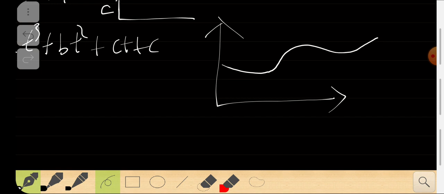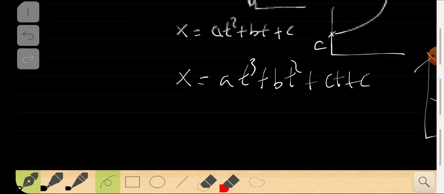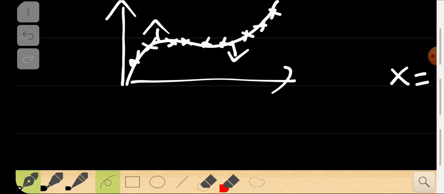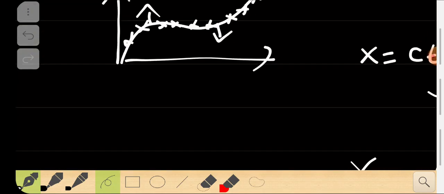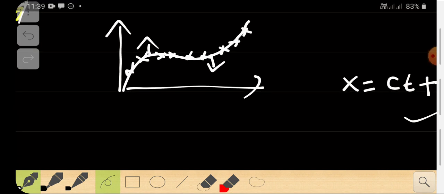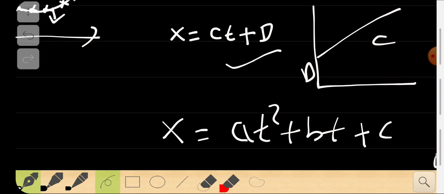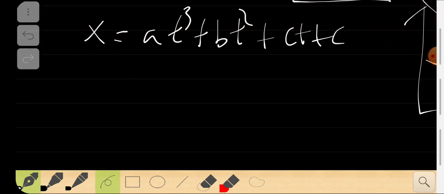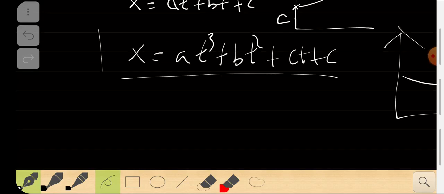That's how the polynomial can behave. Now if you look at our primary curve, it had a crest and a trough. That means it is almost certainly a third order polynomial. So it must have a power of t raised to 3. So our equation must generally look like this.